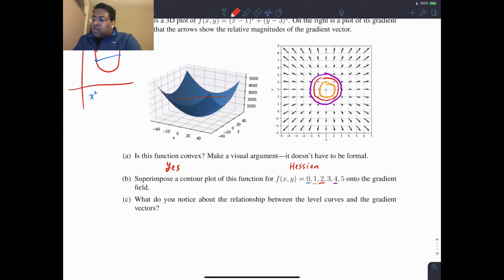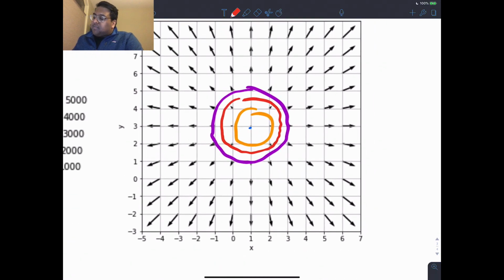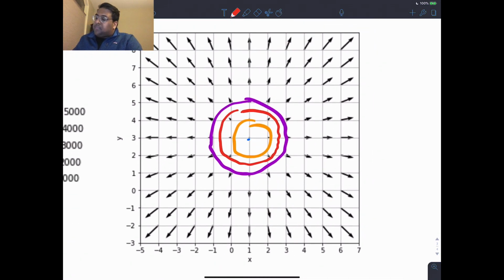Part C, what do you notice about the relationship between the level curves and the gradient vectors? One, as I mentioned before, the further you get from this point (1, 3), the longer the gradient vectors get. Closer to (1, 3) the gradient vectors are relatively short, and further away they become relatively long.